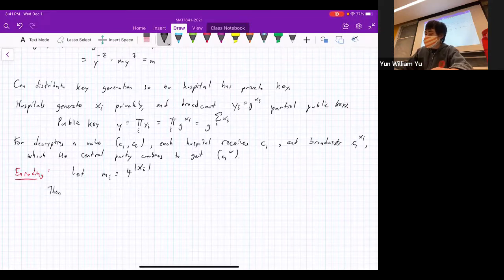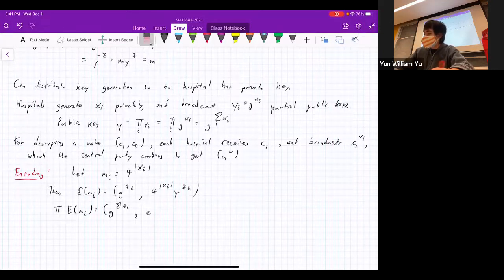Then E of mi is going to be equal to g to the zi, 4 to the xi times y to the zi. And the product of all these is going to be equal to g to the sum over our zi's, 4 to the sum of our xi's, and y to the sum over our zi's. Sorry, these are big X's, not little x's.